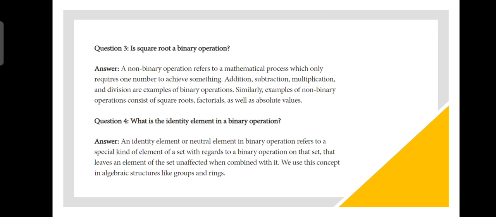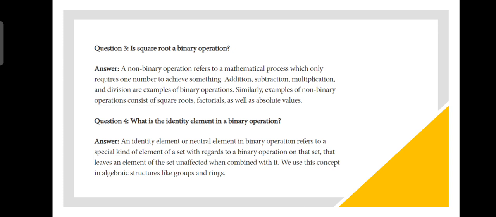A non-binary operation refers to a mathematical process which only requires one number to achieve something. And in a binary operation we need two elements, so basically the combination of two elements gives me a binary operation. In a non-binary operation we just need one number. Like we can calculate a square root of just one number, we don't need another number for it. But for addition, subtraction, multiplication and division, we need two elements. So these are binary operations.